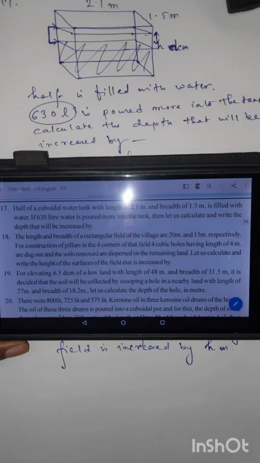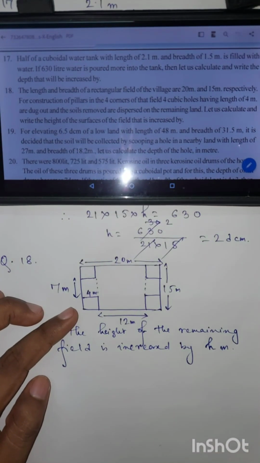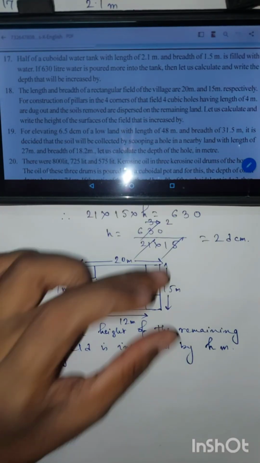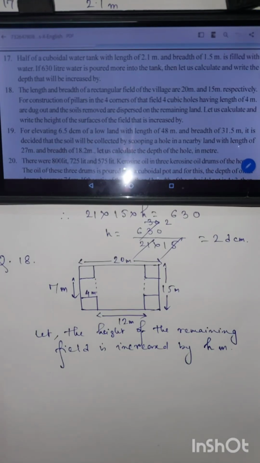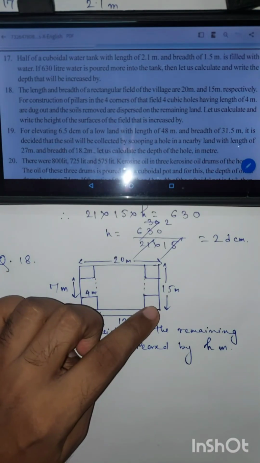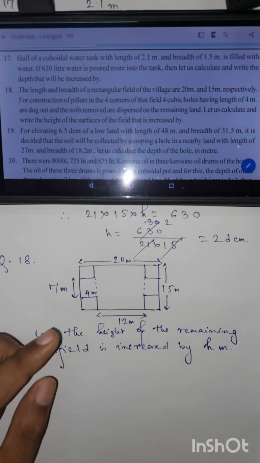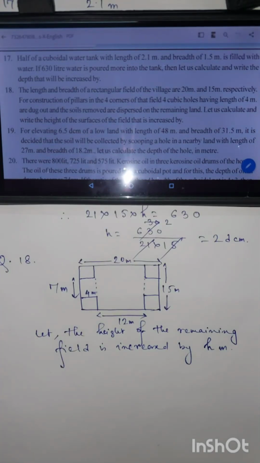Now let us look at the diagram. Let us consider this is a rectangular field with length 20 meter and breadth 15 meter. Now for construction work we are digging out 4 holes which are cubes, and the side of a cube is 4 meter.